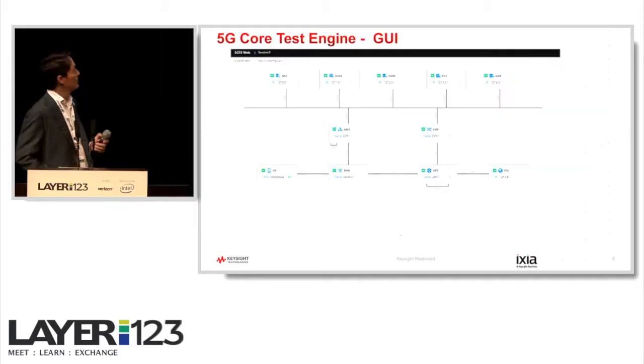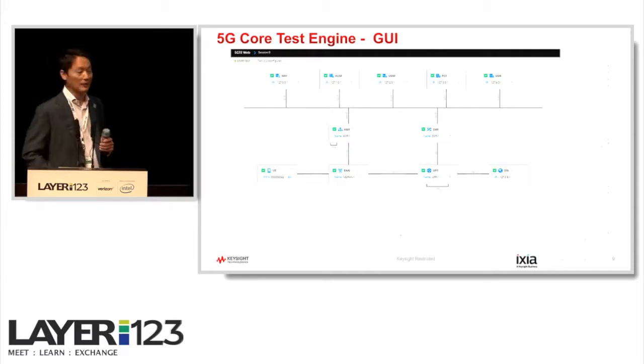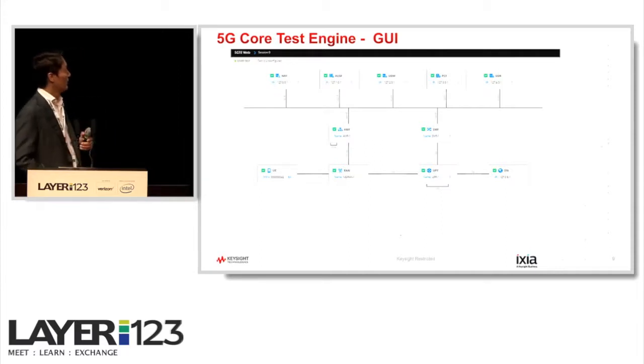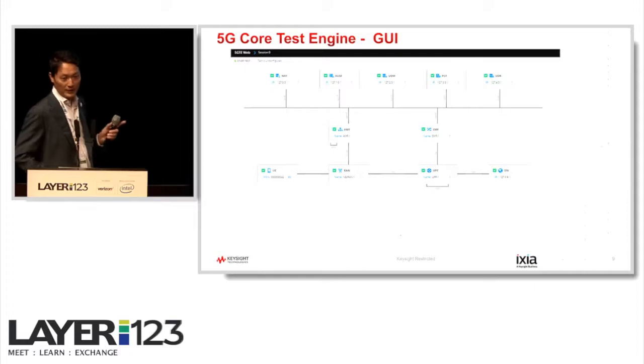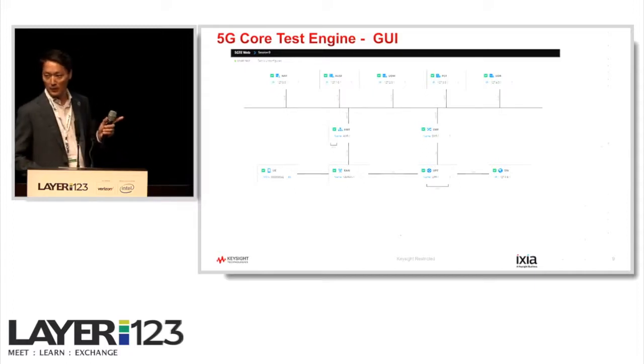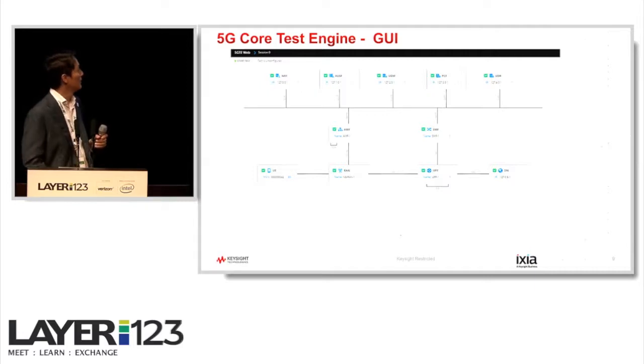Okay, and this screenshot is taken from the main control plane of that test engine, and as you can see, it reflects 100% what's been laid out logically in the 5G node, with each running different interfaces compared to the 4G.